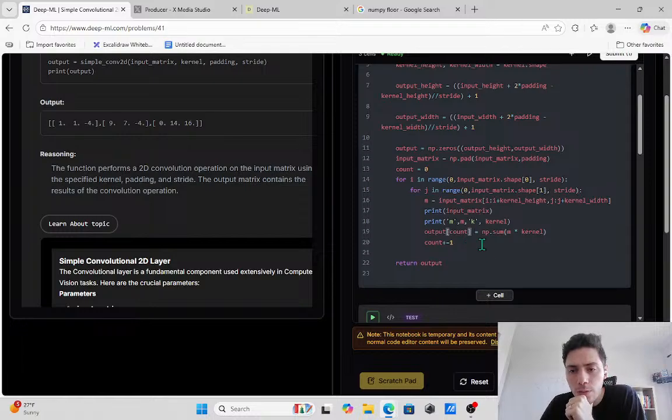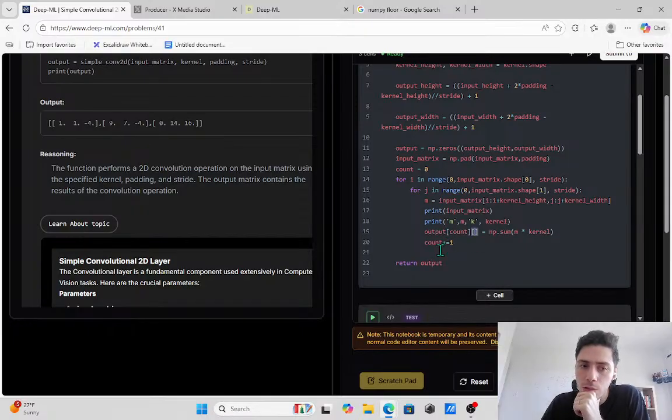Let's count as the first element. I think i is... This would be 0, this would be 1, and theoretically, first it should be 0, 0.